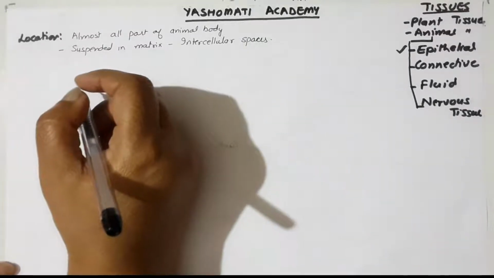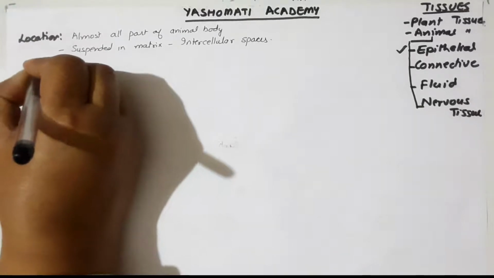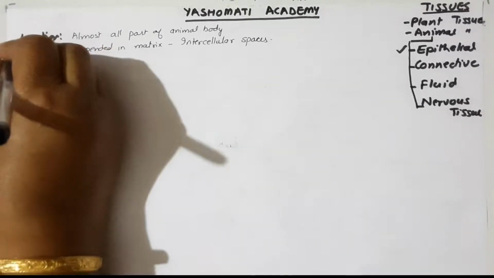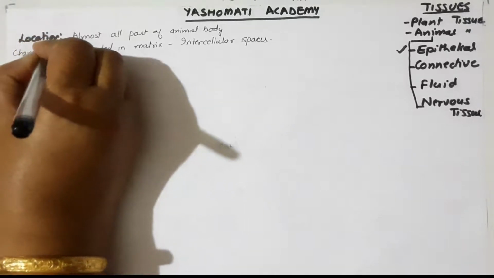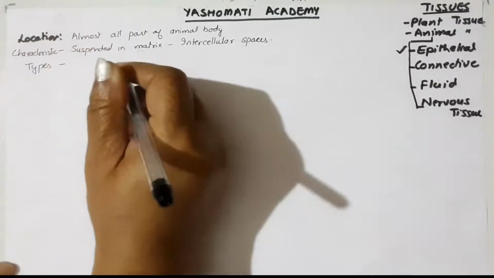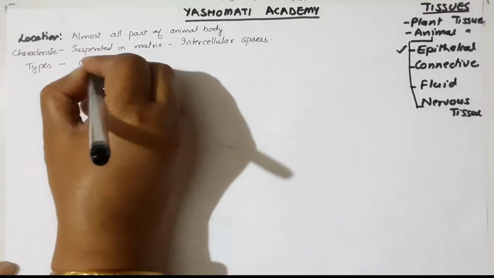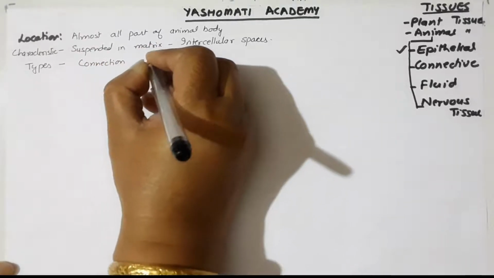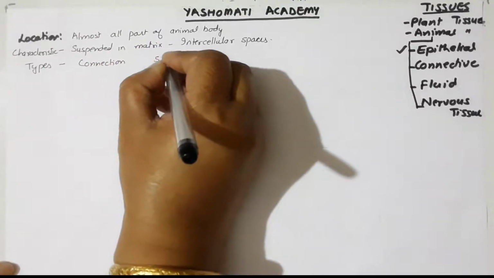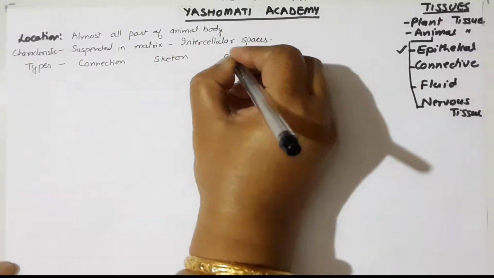Connective tissues are of further 3 different types. These 3 different types are connecting, skeletal, and fluid tissue.